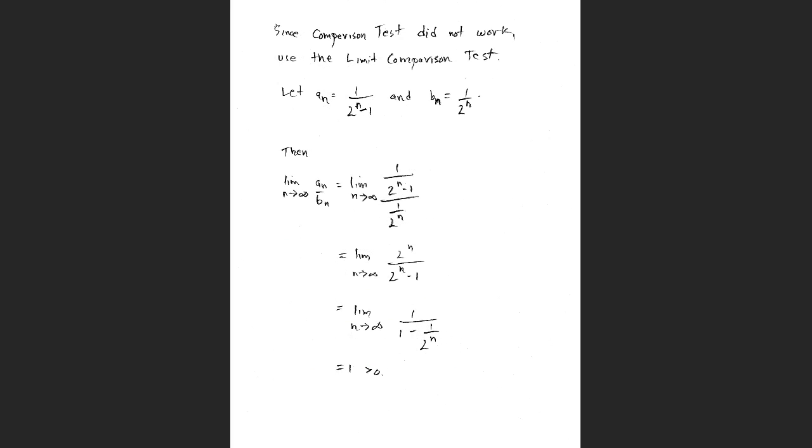All right. Let's use the limit comparison test. We'll let a sub n be 1 over 2 to the nth power minus 1, and b sub n equal 1 over 2 to the nth power. So I take the limit of the ratio.